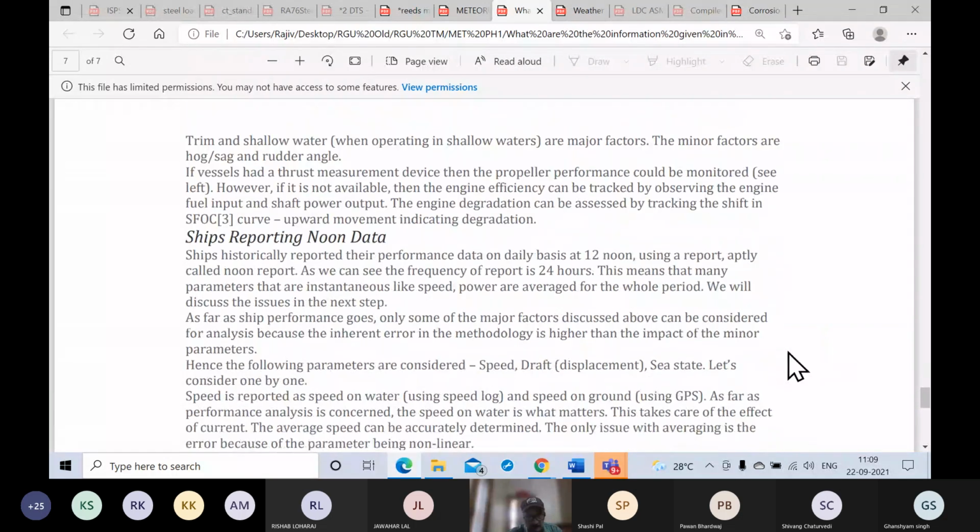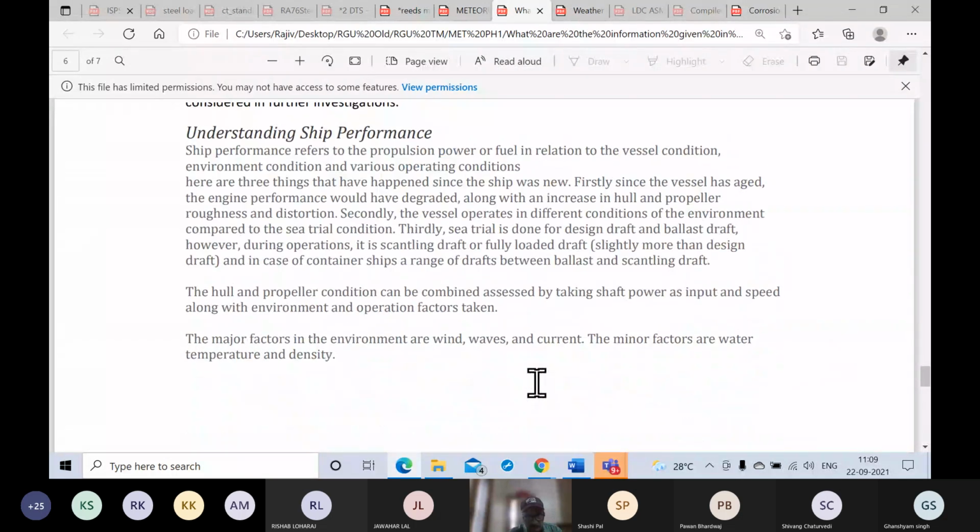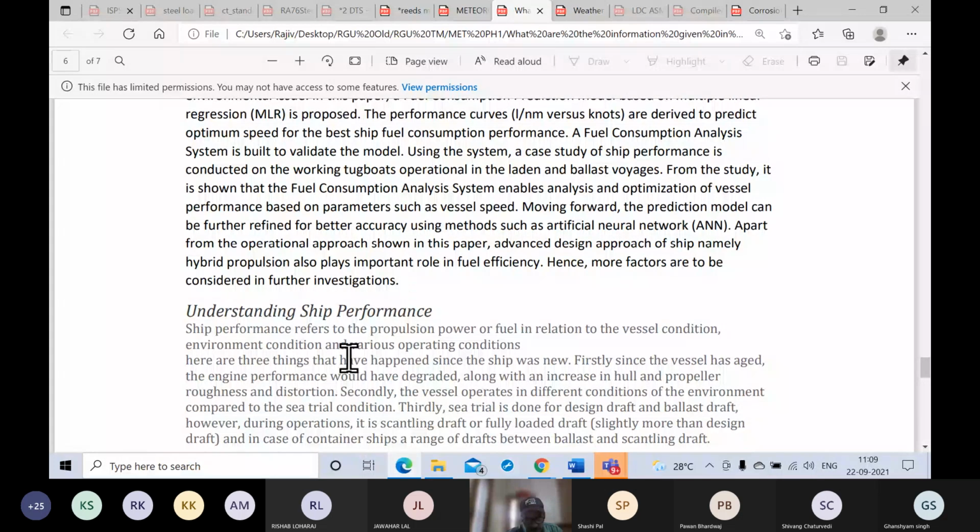Of course, we continue to understand the ship performance, which is propulsion power related to fuel consumption.